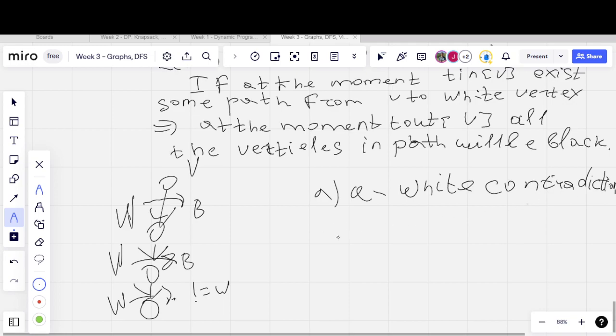because if you have an edge PU, we consider some vertex U, and you consider its parent P and the edge PU.